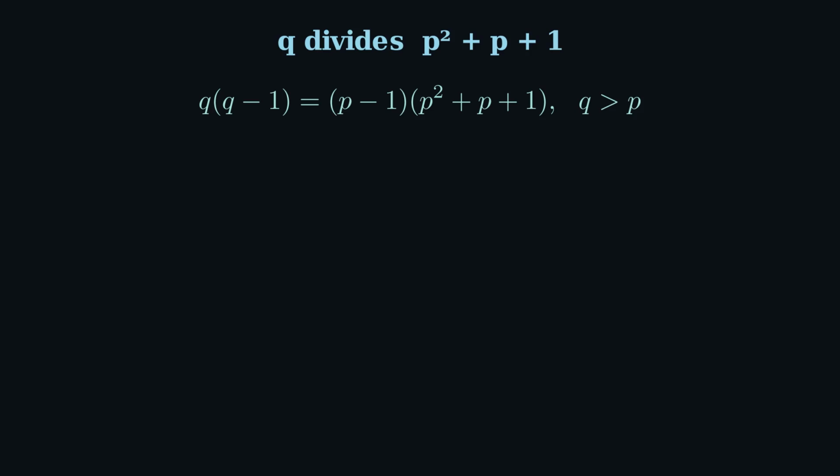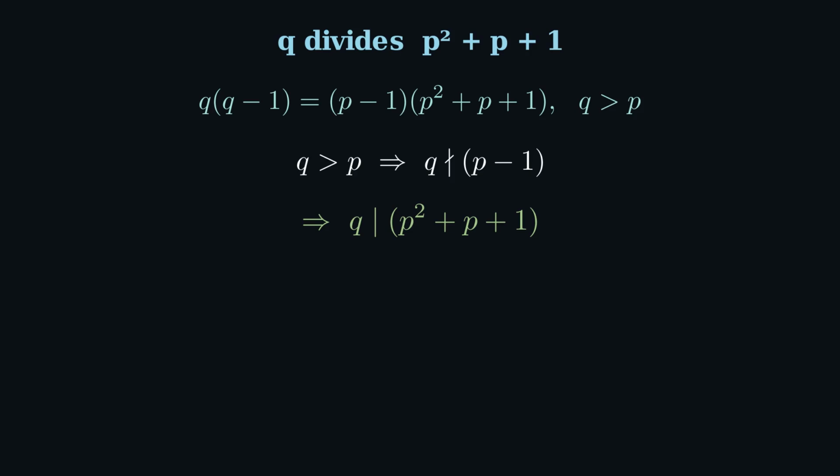And because of that, since q is bigger than p, q cannot divide p minus 1, so the prime number q must divide this expression instead. So we know that q divides p squared plus p plus 1.